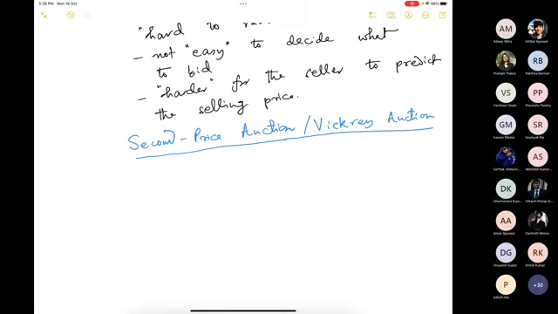So here again we are in a sealed bid auction. There is only one item, one seller, n potential buyers. Everything remains the same. I just need to decide the winner and the payment.